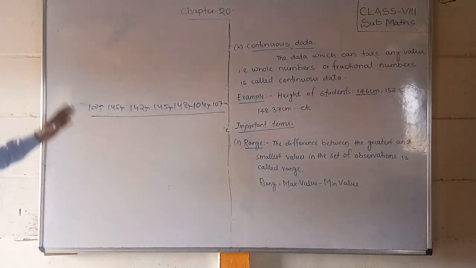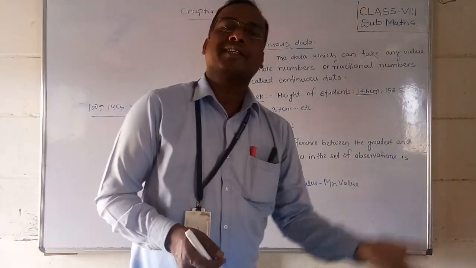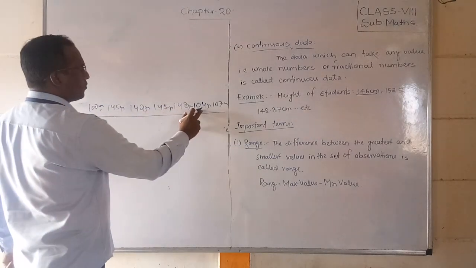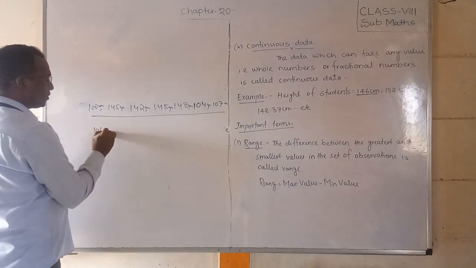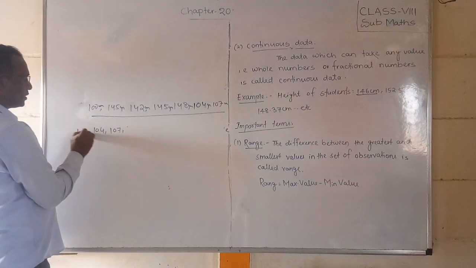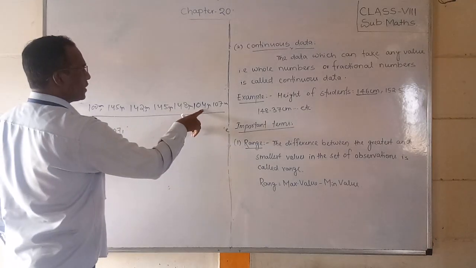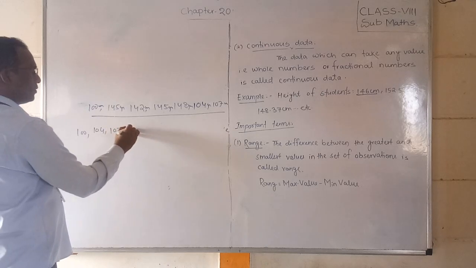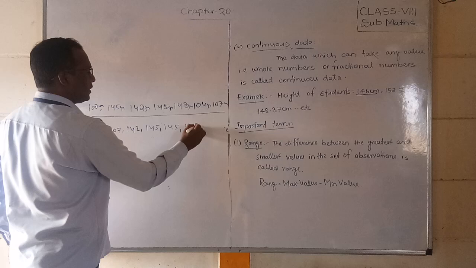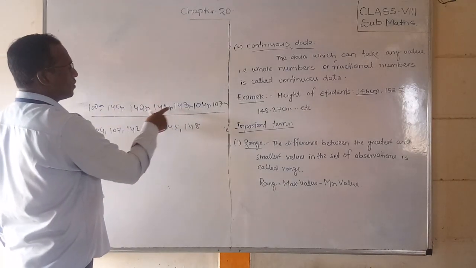First, whatever observation data you have, write it in ascending order: 100, 104, 107, 142, 145, 145, 148. Let us count once: 1, 2, 3, 4, 5, 6, 7.